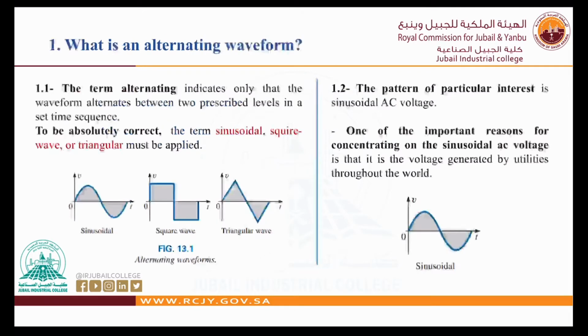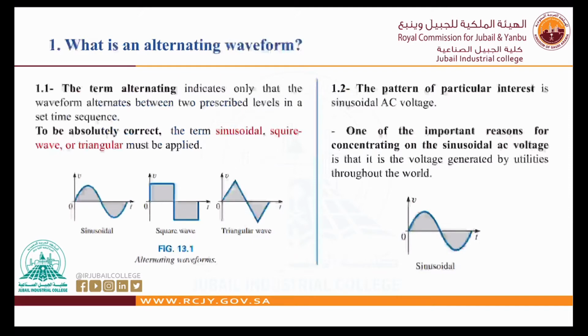Okay, what is an alternating waveform? As you can see here on the left side of the presentation, the term alternating indicates only that the waveform alternates between two prescribed levels in a set of time.